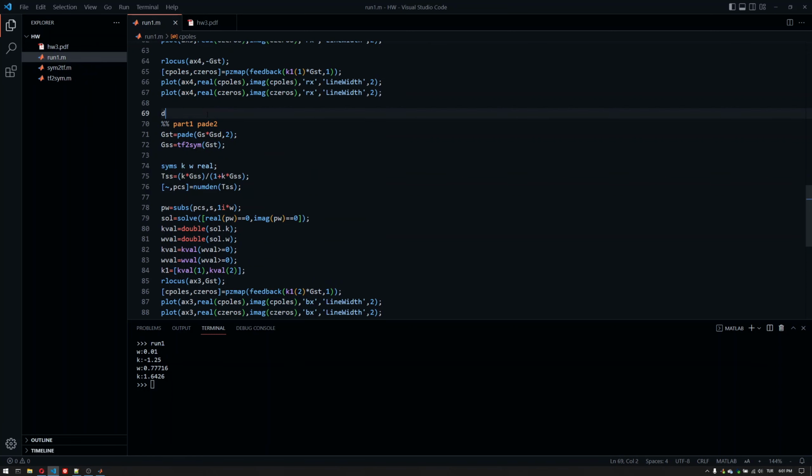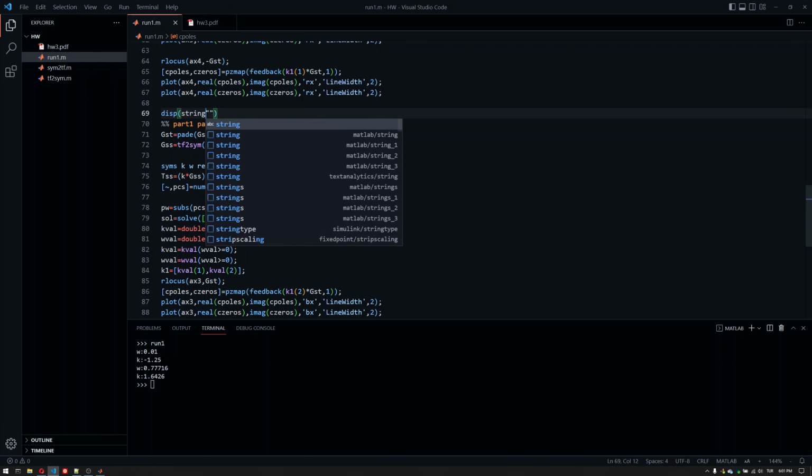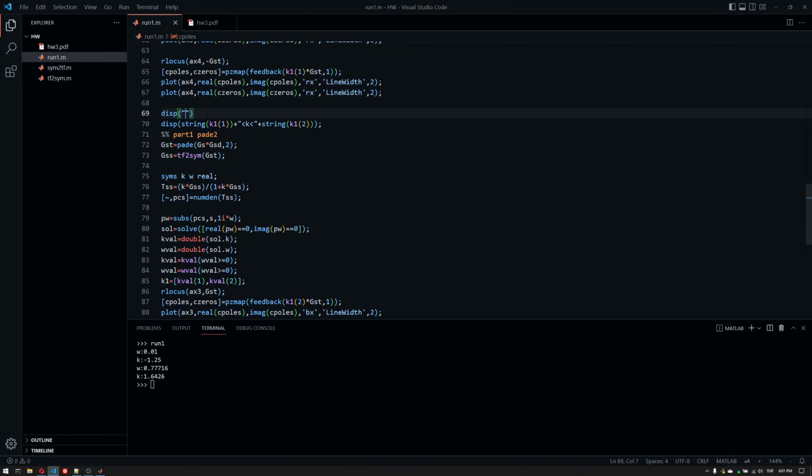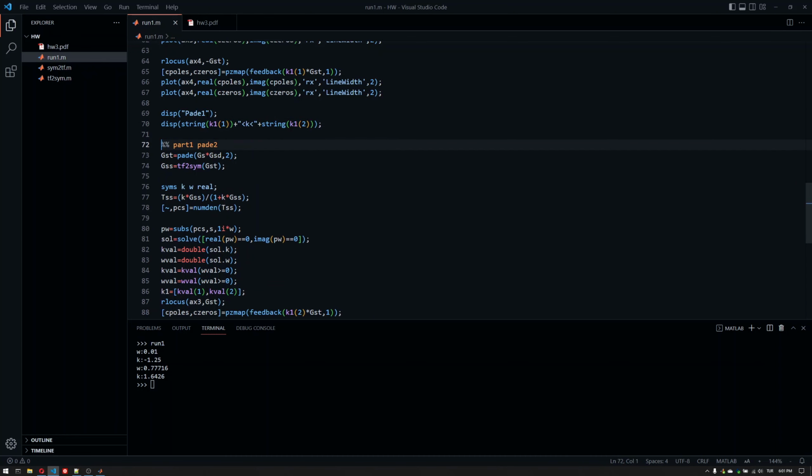Here I'm going to display string k1 1 and then string k1 2, Padé 1.